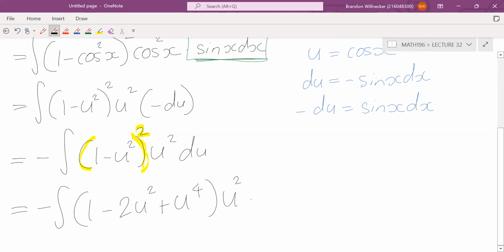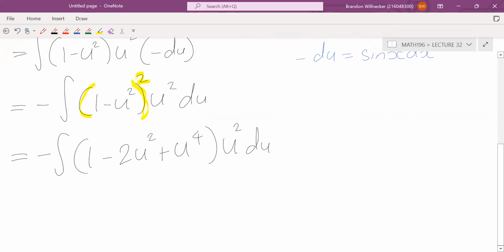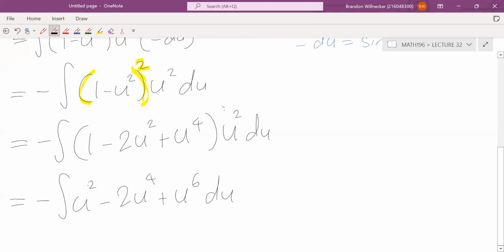And then don't forget the u squared over there. Okay, so what we need to do now is multiply in the u squared. So this is going to be minus the integral of u squared minus 2u to the 4 plus u to the 6 du. Okay, so I just distributed that inside.